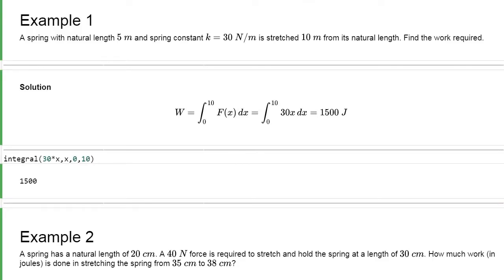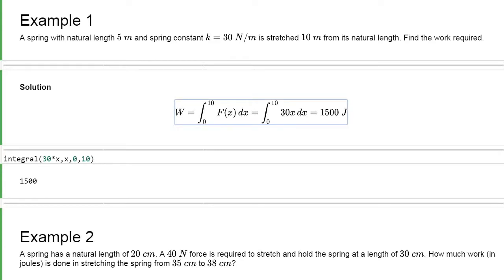So let's say we have a spring whose natural length is 5 meters, and we know from testing it that its spring constant k is 30 newtons per meter, and we're going to stretch it 10 meters from its natural length. How much work do we do to do that? Well, here's the answer.